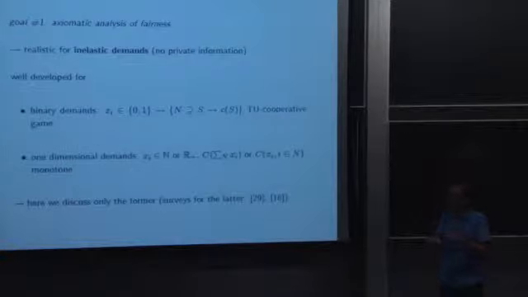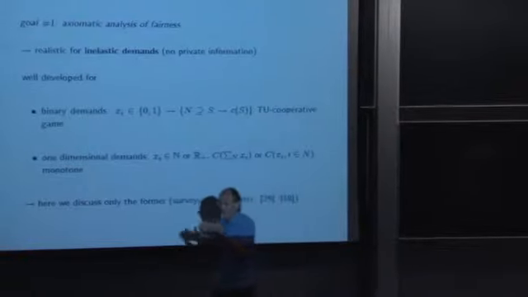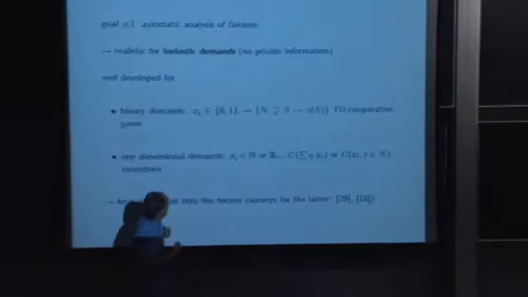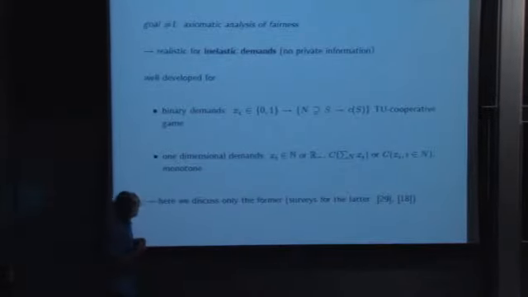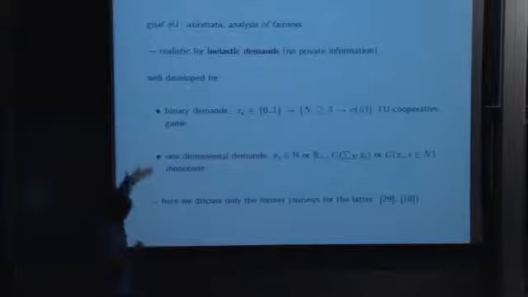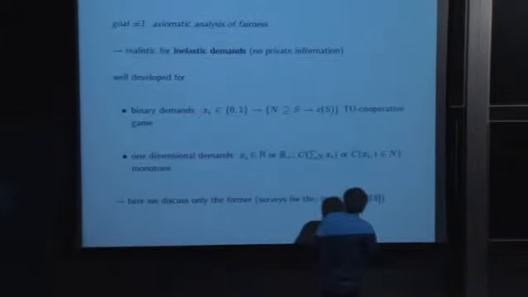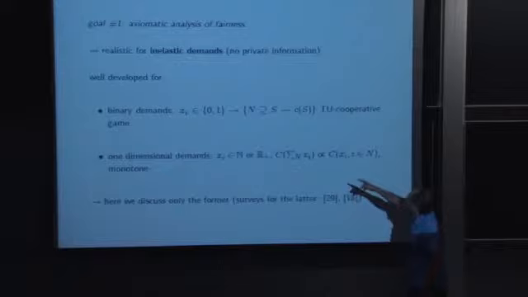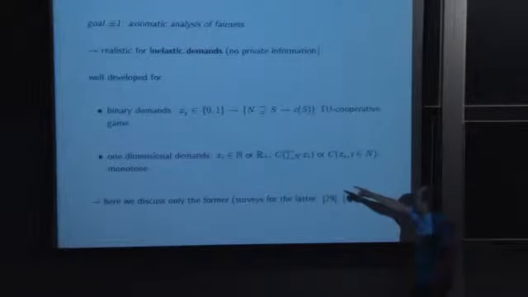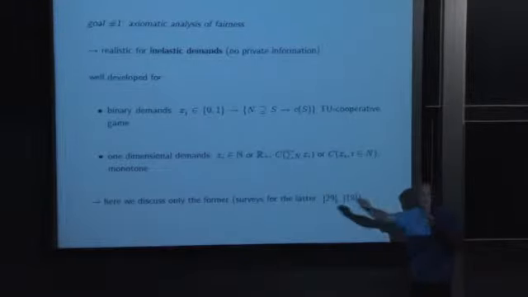The branch that develops concepts such as the Shapley value, the nucleolus, the data array solution, and so forth. And a slightly more general type of model, which is well understood and gave rise to a substantial literature, would be an extension where the demands are one-dimensional.